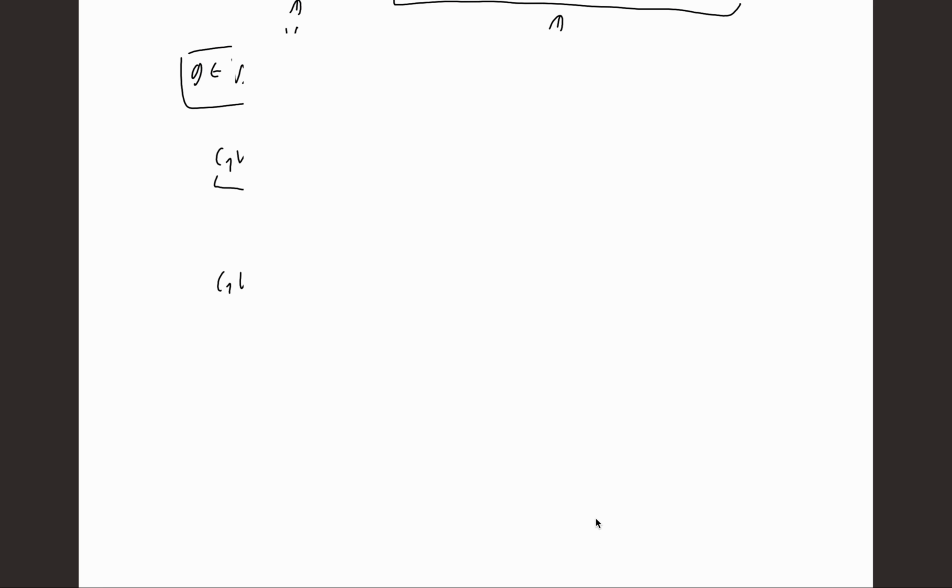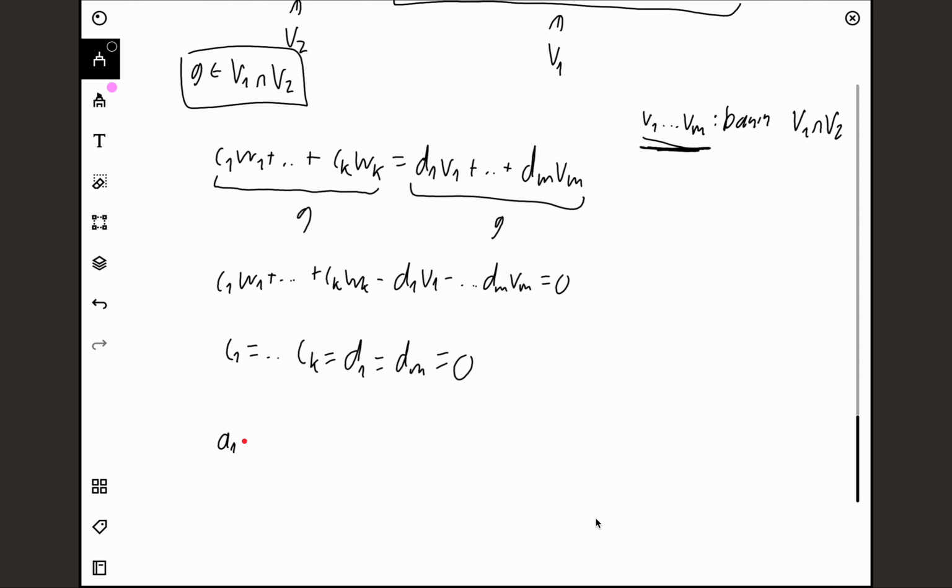So we have that A1 V1 plus AM VM, and then plus B1 U1 plus BJ UJ equals 0. This is what we're left with. But again, vectors V and U make up the basis for V2.